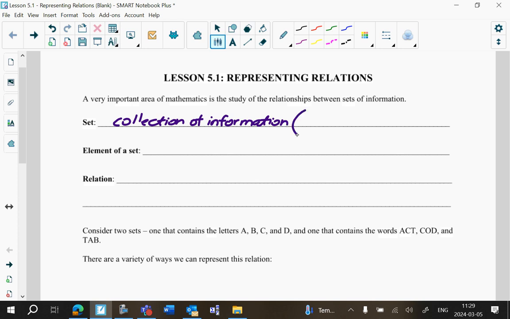But it doesn't have to. It could contain words. It could contain just letters. We're eventually going to focus on numbers, but when we start this, we're going to talk about numbers and letters and words. Okay?